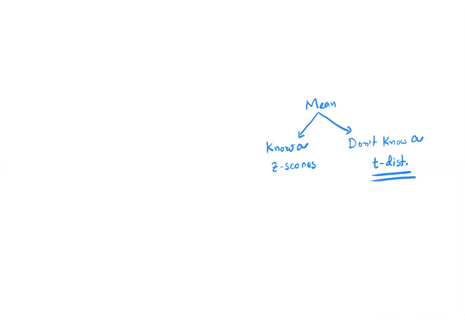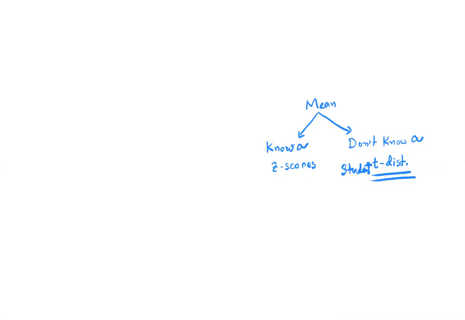So he could not publish it under his name. So he used the pseudonym called student. That's why we call it student t-distribution. I don't know the exact name of the person, but you can Google it, you'll find it.